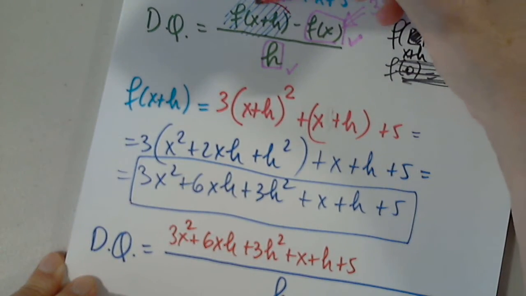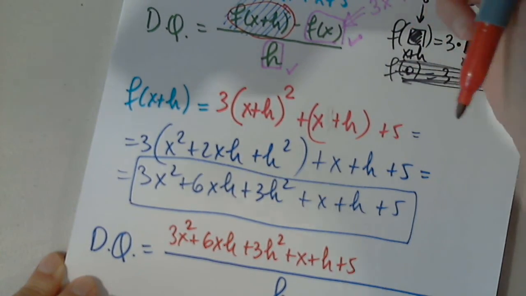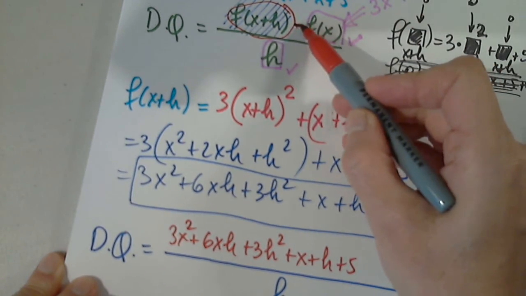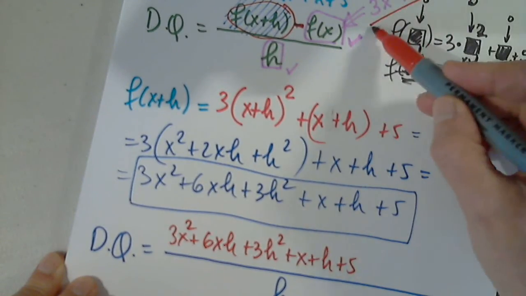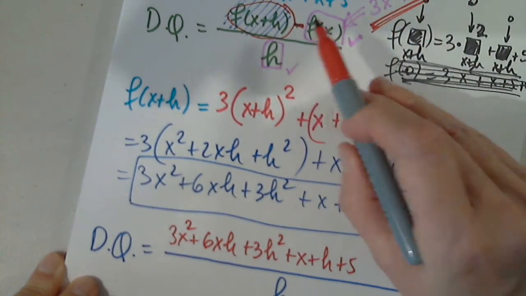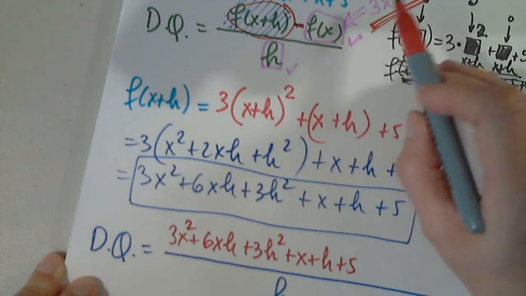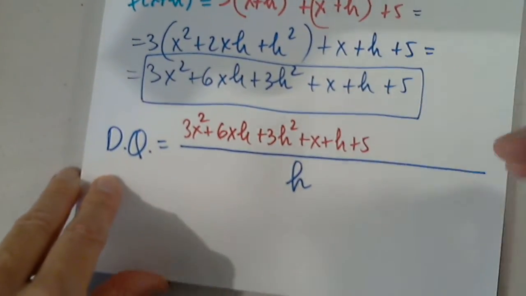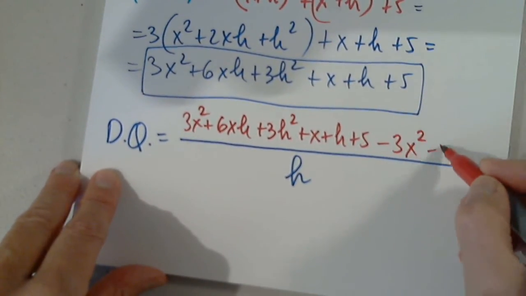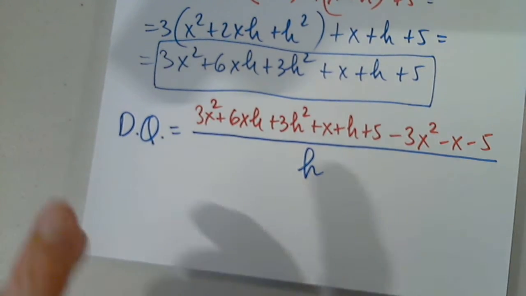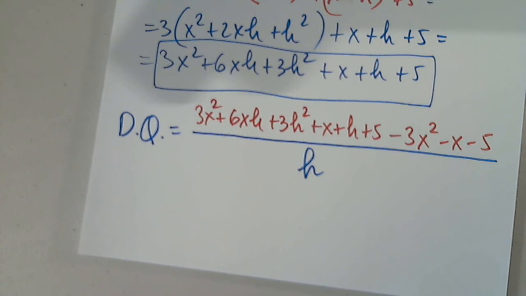I only replace this piece. Now I have to write minus that needs to be distributed to all these three terms. Negative 3x squared, negative x, negative 5. So negative 3x squared minus x minus 5. This is the difference quotient, but it's not simplified yet.